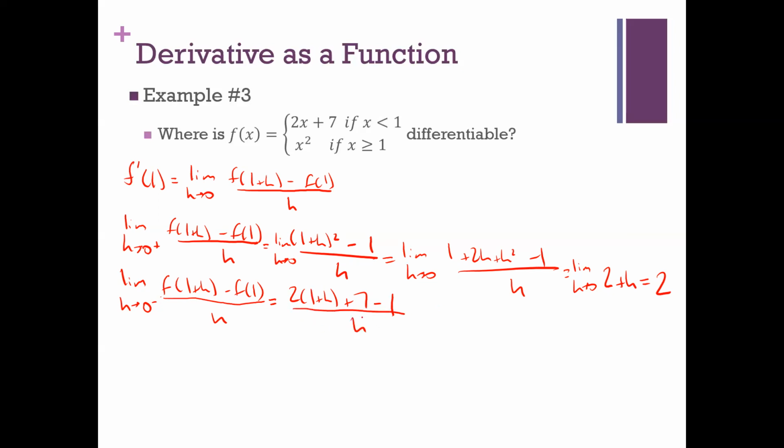All over h. I got that limit operator again. So I get 2 plus 2h plus 6, all over h.